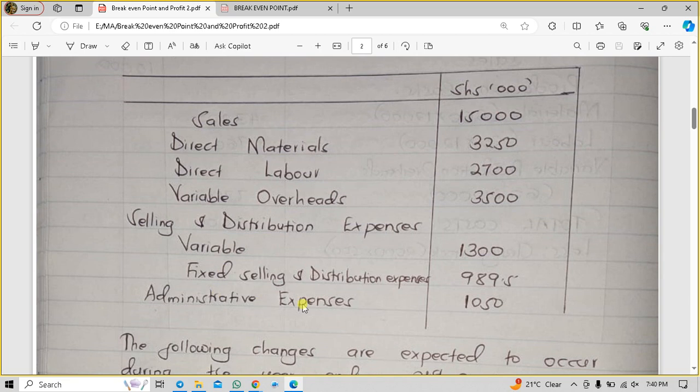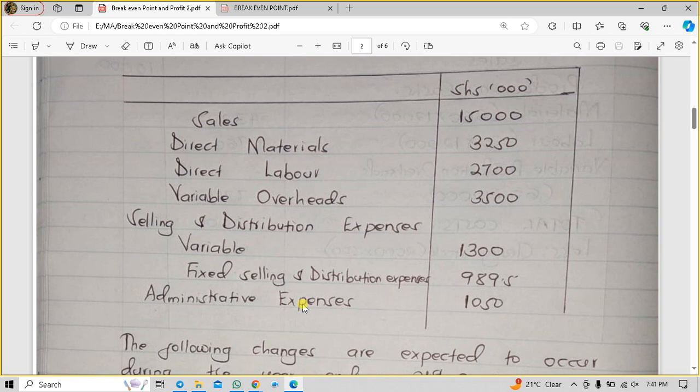When you have such kind of a question, you need to know the meaning of variable costs and the meaning of fixed costs. Remember we said that fixed costs, these are costs that do not change with changes in output. So one of it is rent. So if you produce 1,000 units, rent still remains.